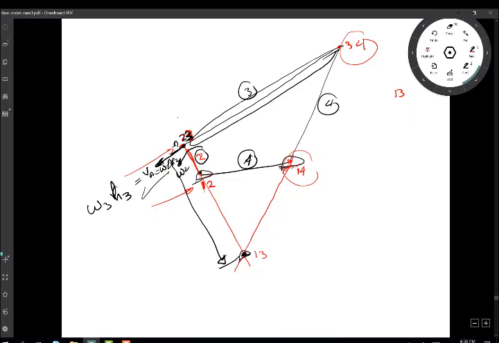So I can say omega 3 h3 is equal to omega 2 r2, and this gives me an equation for omega 3 at this specific point in time.